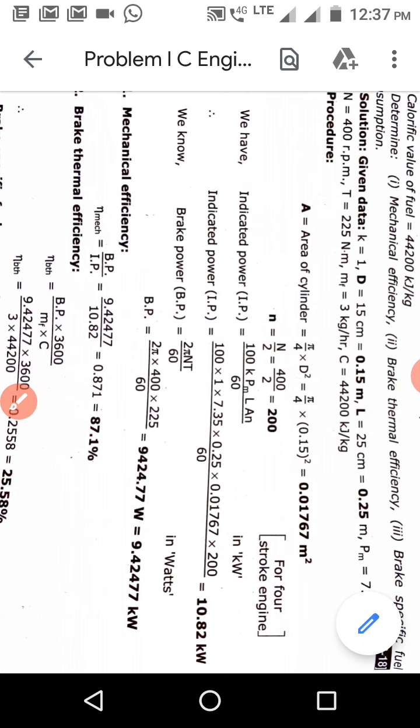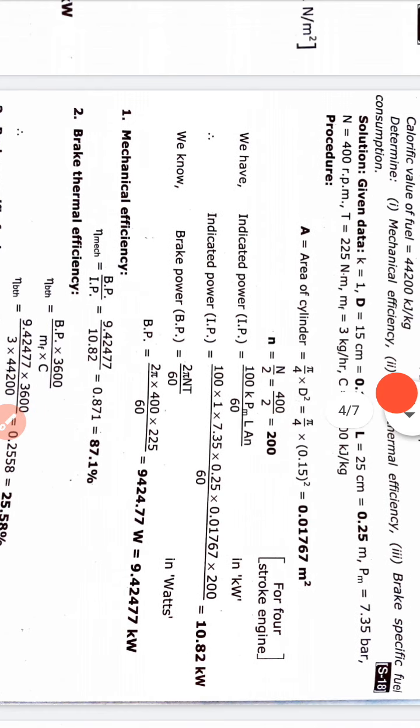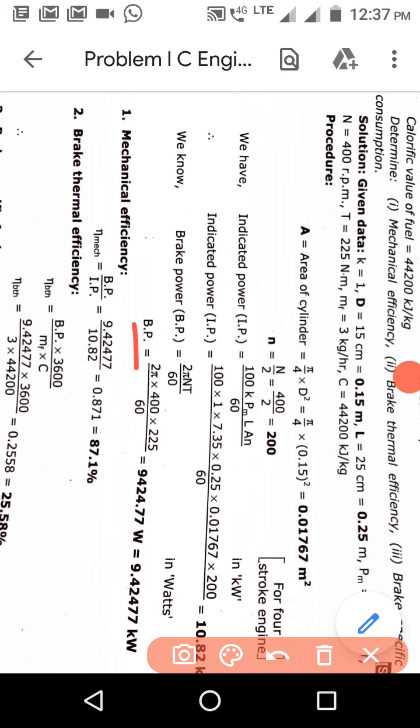Once you have calculated brake power and indicated power, you can calculate the mechanical efficiency, because mechanical efficiency is the ratio of brake power and indicated power. So brake power is 9.42477 divided by 10.82, which is the indicated power.